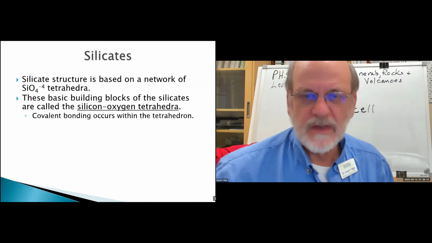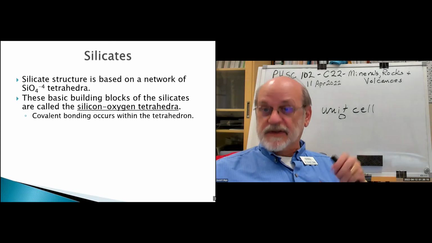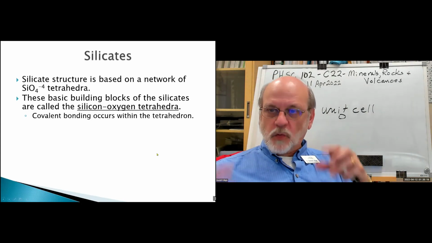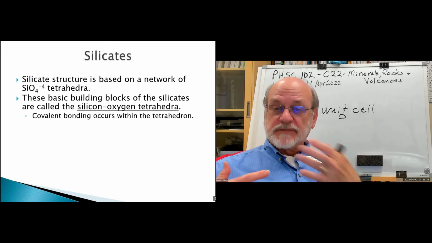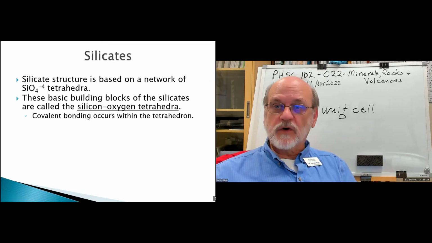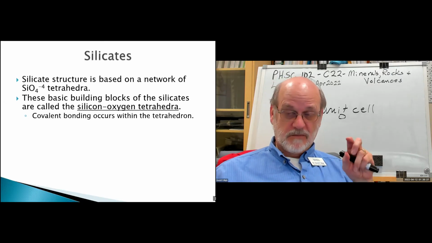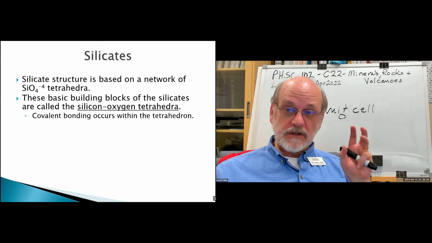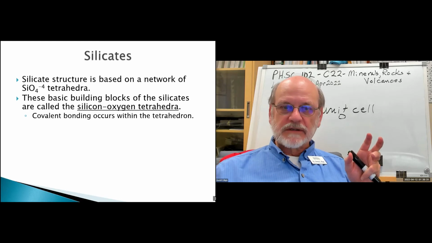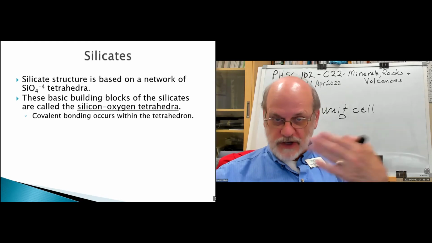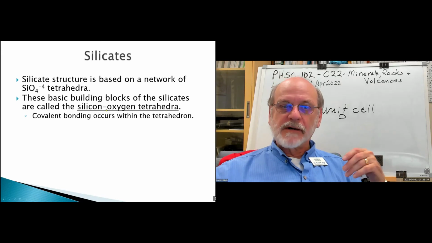Let's see. Basic building block, the unit cell that I was talking about, this tetrahedron. Within the tetrahedron, you have covalent bonding. In other words, electrons are shared, right? When you worked the chemistry chapters, I hope you didn't forget what you learned there because it's going to be useful to understanding these minerals.